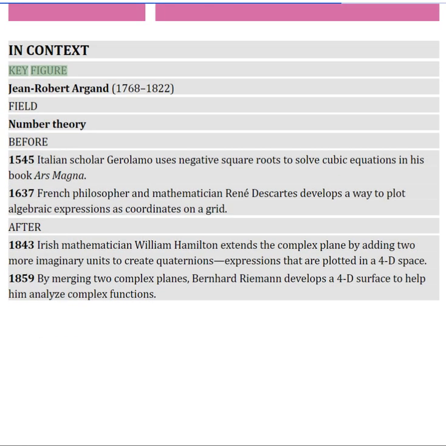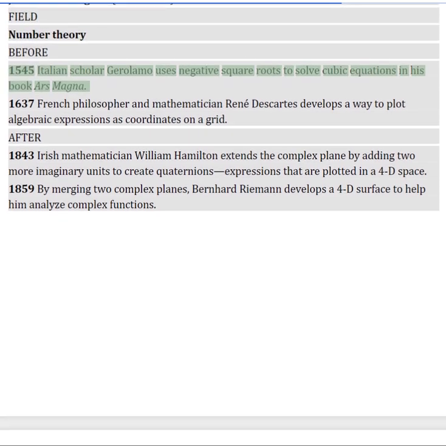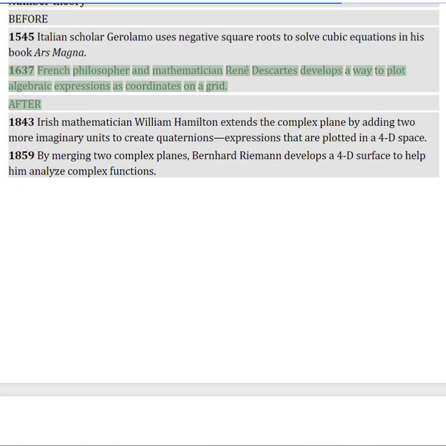In context. Key figure: Jean-Robert Argand, field: number theory. Before 1545, Italian scholar Girolamo Cardano uses negative square roots to solve cubic equations in his book Ars Magna. 1637: French philosopher and mathematician René Descartes develops a way to plot algebraic expressions as coordinates on a grid.